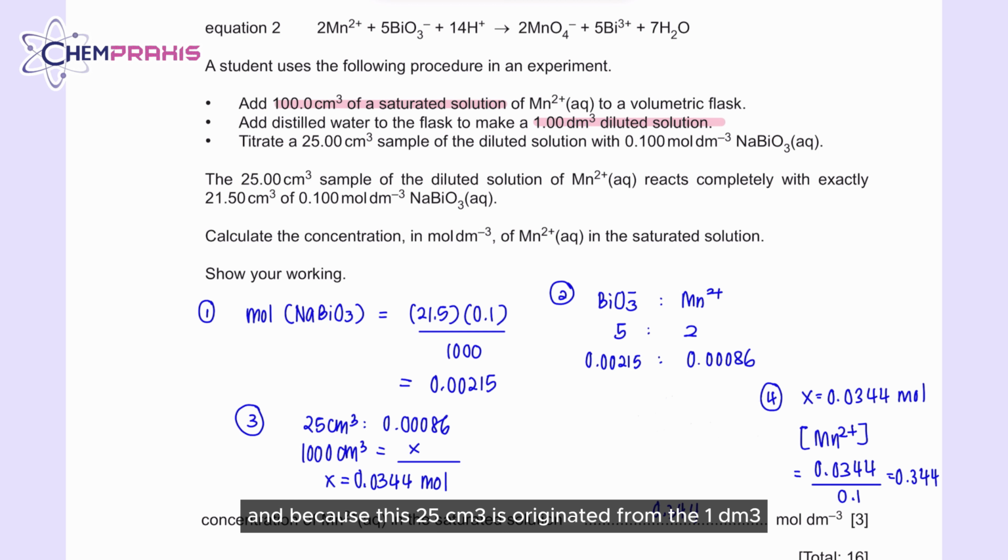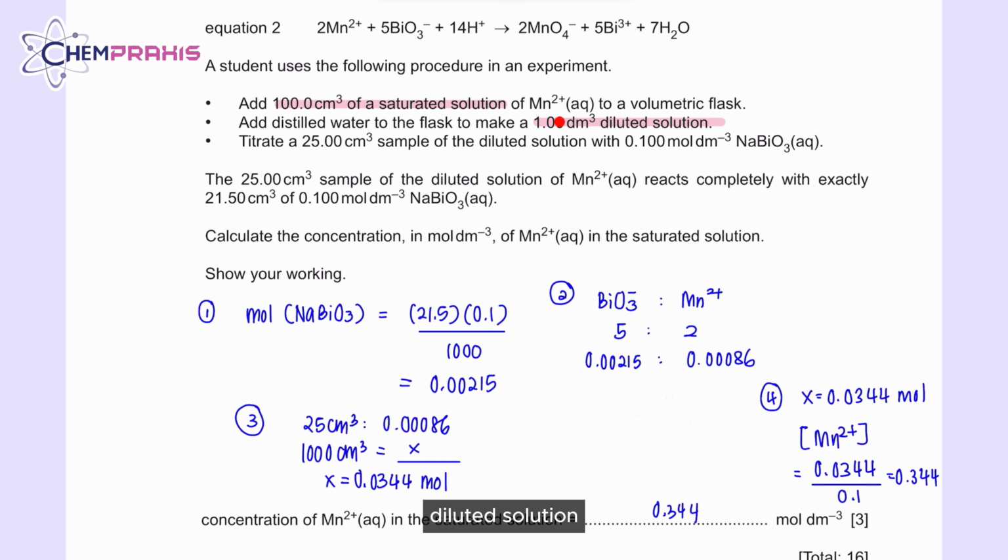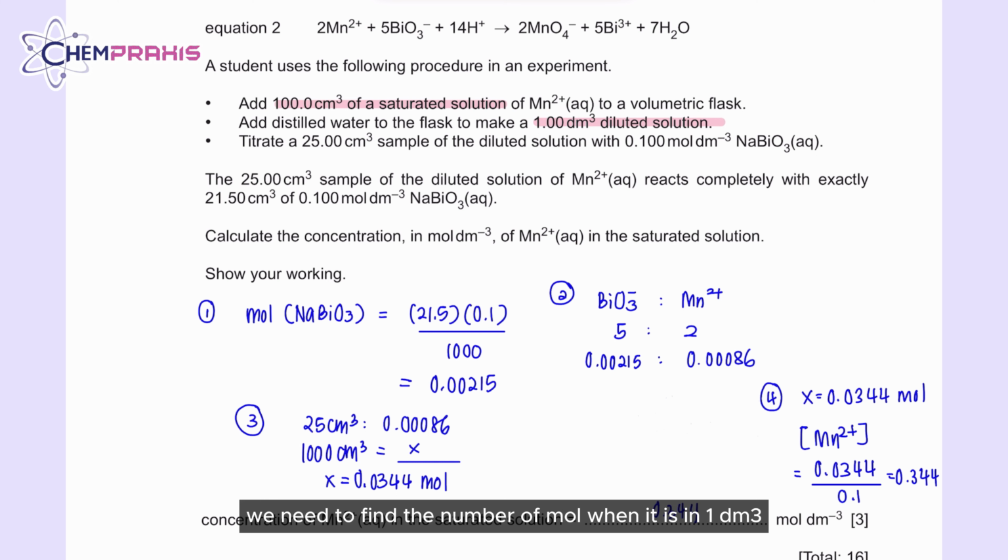Because this 25 cm³ originated from the 1 dm³ diluted solution, we need to find the number of mole when it is in 1 dm³ or 1000 cm³ of solution. After the calculations, we get the answer equal to 0.0344.